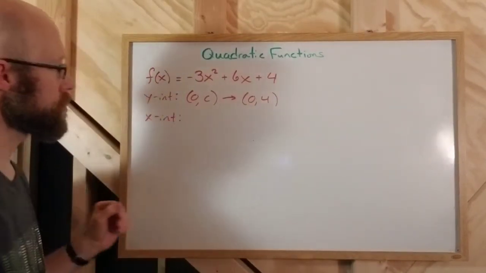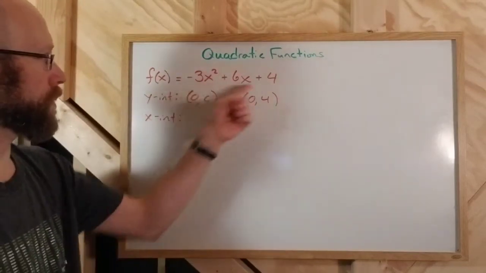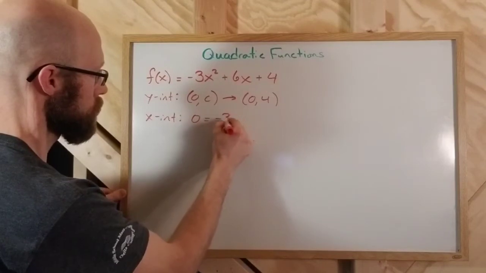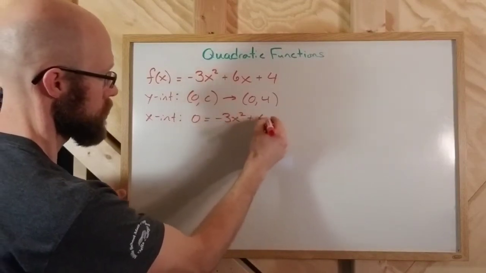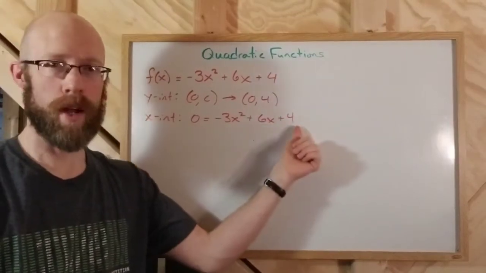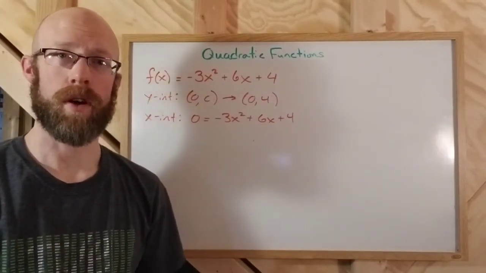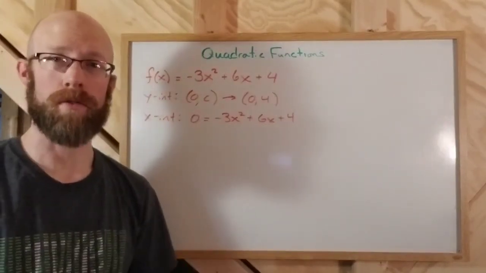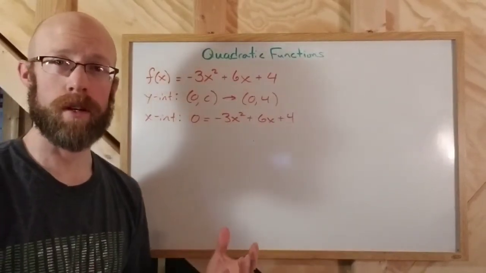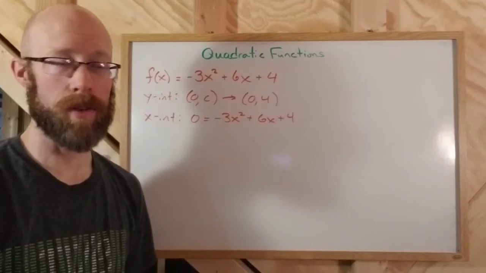To find the x-intercepts, we of course set the function equal to 0. So we have 0 equals negative 3x squared plus 6x plus 4. Now in a quadratic equation, of course, there are three main ways to solve those. You could use the quadratic formula, completing the square, or factoring.